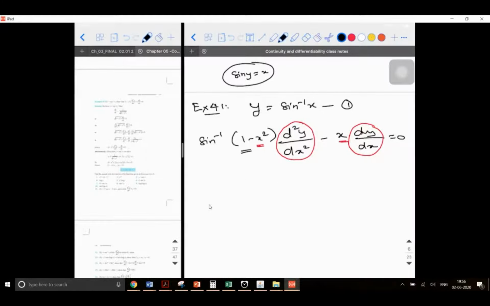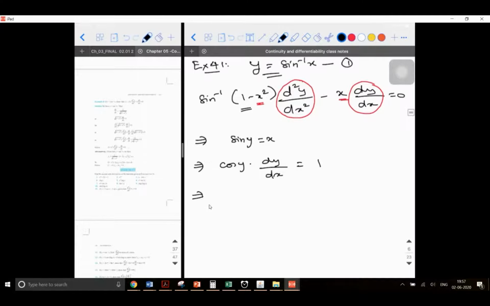Okay. Since y is given as sine inverse x, which implies sin y is equal to x. So from this, differentiating on both the sides, I get cos y into dy by dx is equal to 1. Now what we will do is, we will differentiate this again.